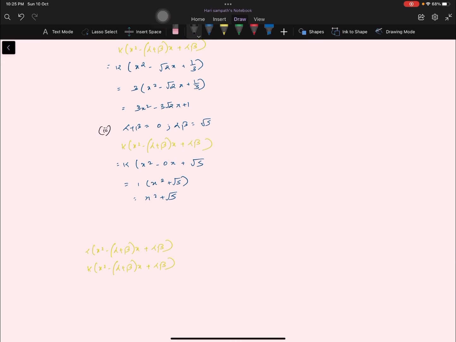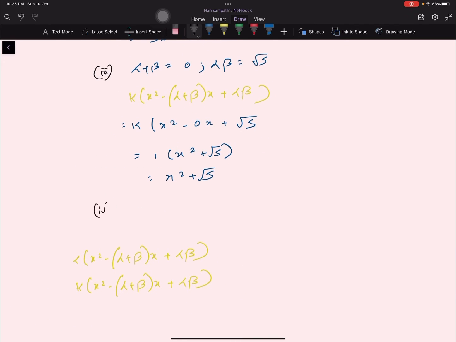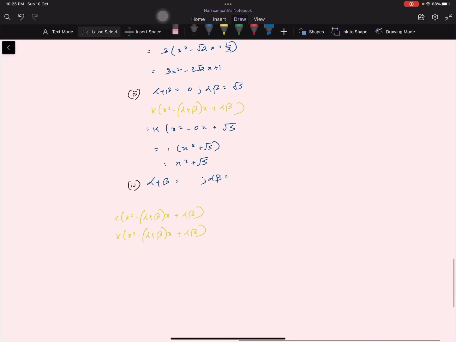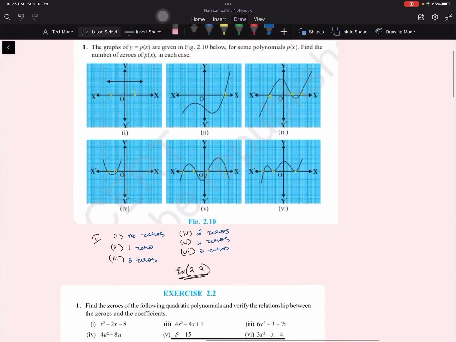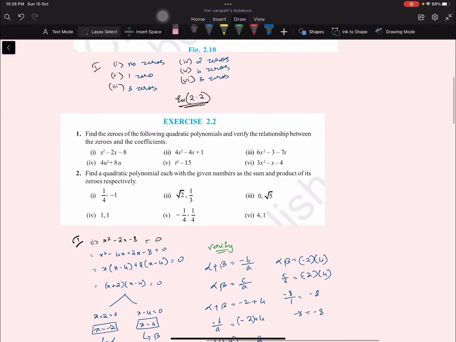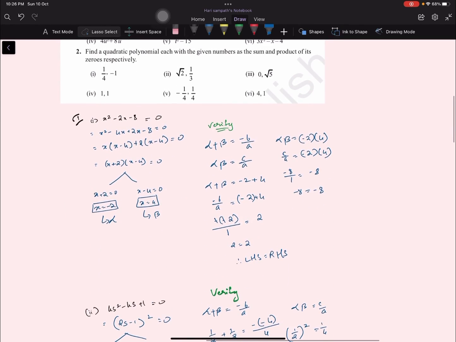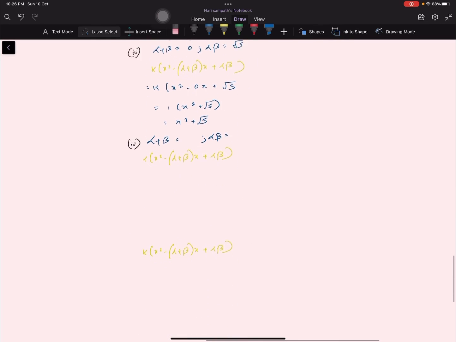So moving on to the fourth one. Alpha plus beta, alpha beta. 1 comma 1 is the next one.